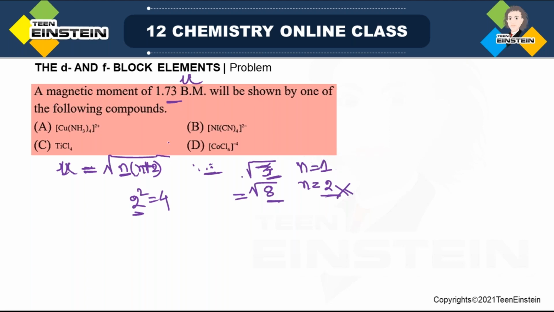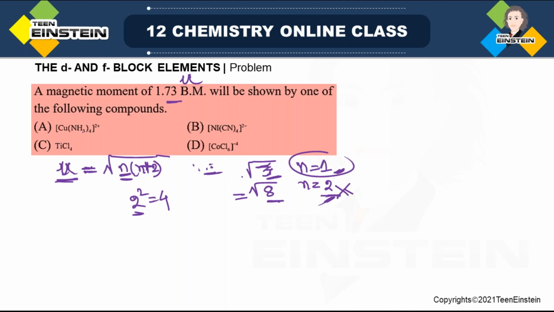So what I am explaining all this, because even without using calculator, you can understand that when magnetic moment is 1.73, what will be the corresponding number of n? Because here this side value is given, you have to understand n. Now minimum value possible is 1, then next value possible is 2. But when it is 2, it is root 8, which is not possible. That means this will be the correct unpaired electron number.